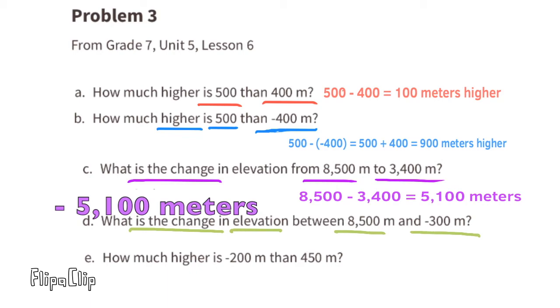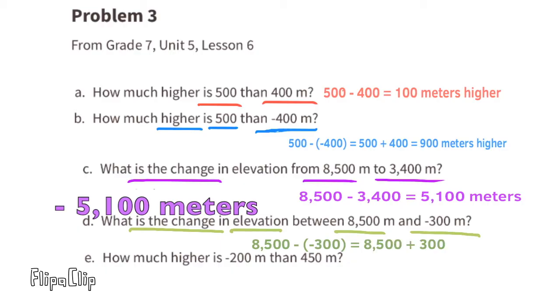D. What is the change in elevation between 8,500 meters and negative 300 meters? Again, this change in elevation went down, so we know the answer is going to be a negative. 8,500 minus negative 300. That's the same as 8,500, and the opposite of negative 300.